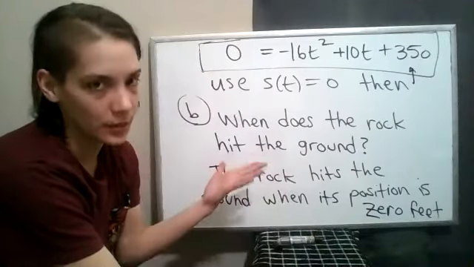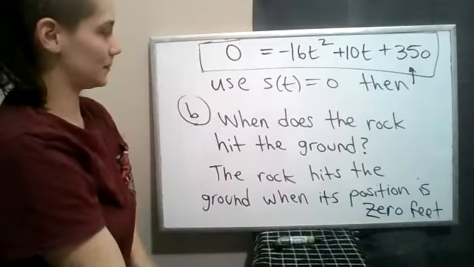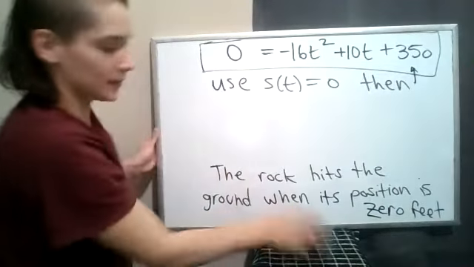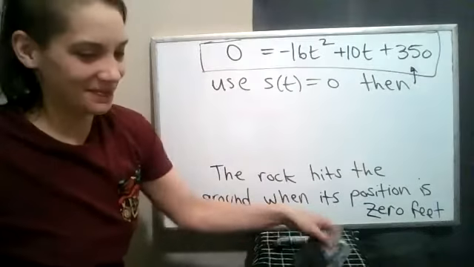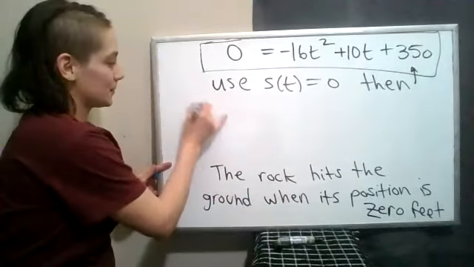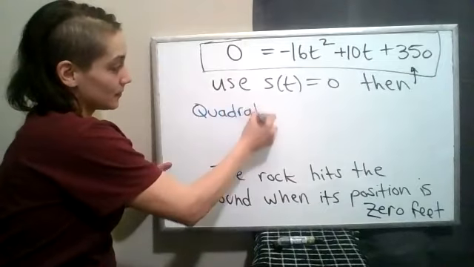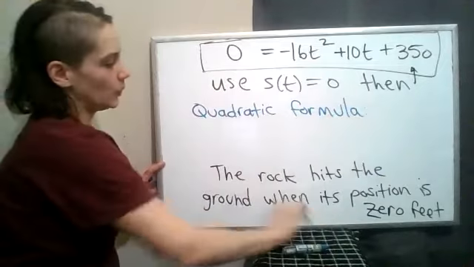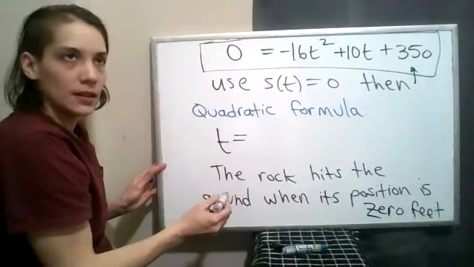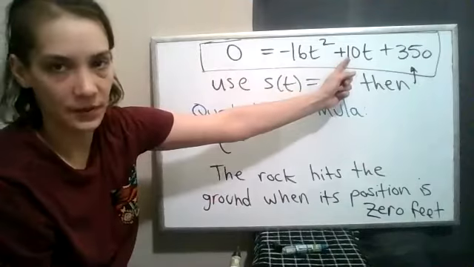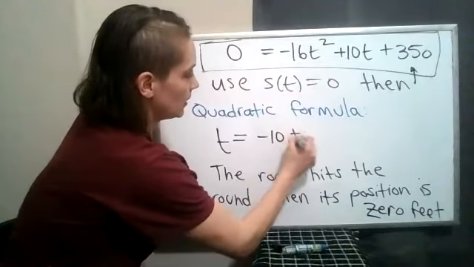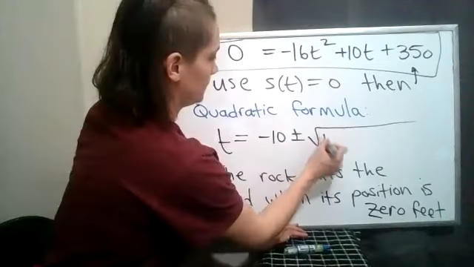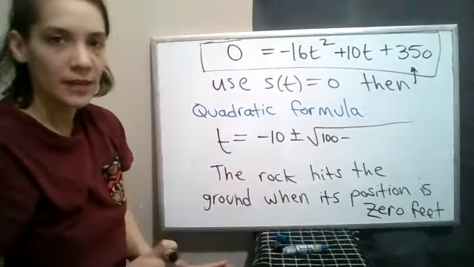Okay, so we use the, what's it called? Quadratic formula. Cool, t is negative b, negative 10, plus or minus the square root of b squared minus 4 times a times c.